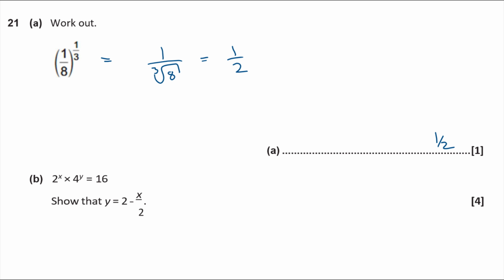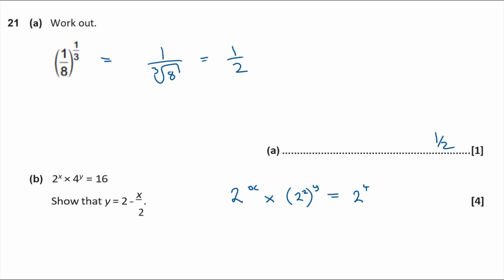Okay, so I'm going to replace those numbers with their powers of 2. So I've got 2 to the power of x multiplied by 2 squared to the power of y, and that's equal to 2 to the power of 4.